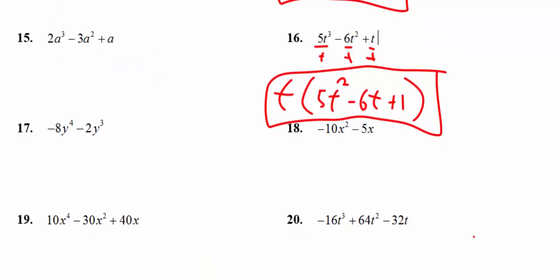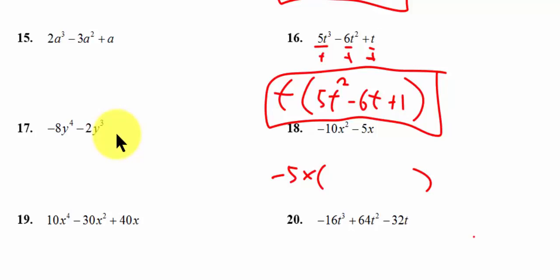Let's take a look at 18. For 18, I'm going to take out the negative 5x, because 5 is the biggest number that goes into each of these. And I want to make the x squared positive, so I factor out a negative 5. And then I have x squared and x to the 1, so you take the x with the smallest exponent.